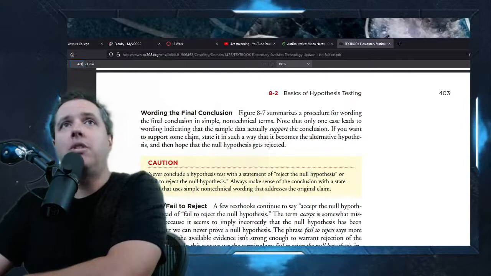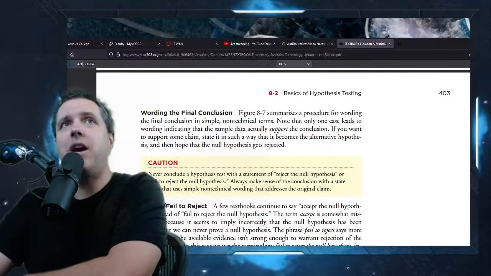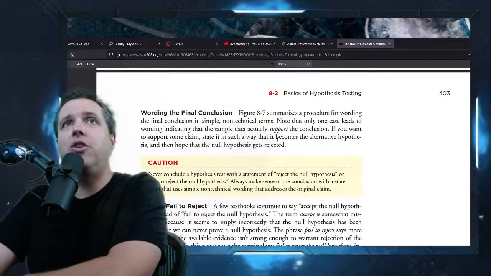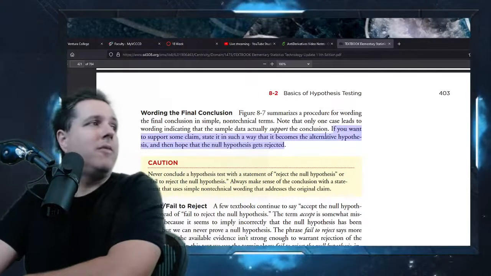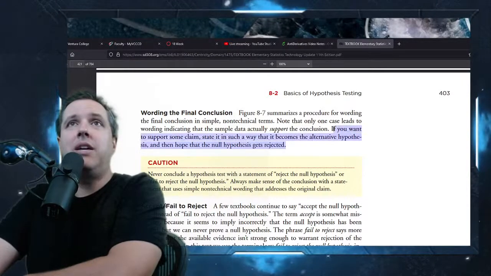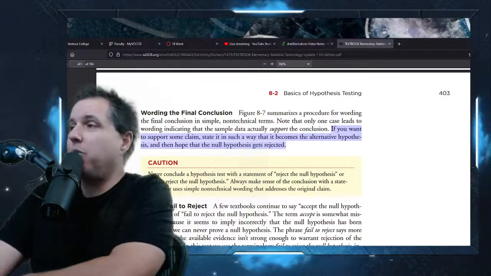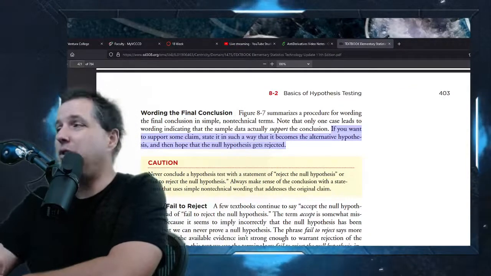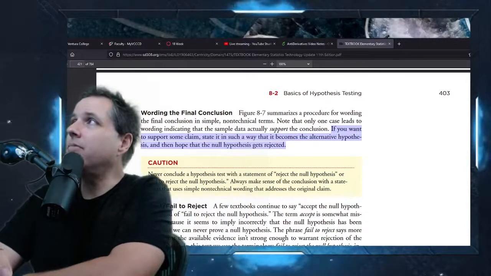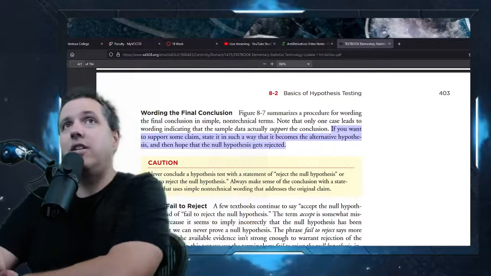If you want to support some claim, state it in a way such that it becomes the alternative hypothesis, and then hope that the null hypothesis gets rejected. I keep saying that and repeat it because it seems like the more I repeat it, the fewer students do that in their project, which is good, because that's a pretty big infraction.